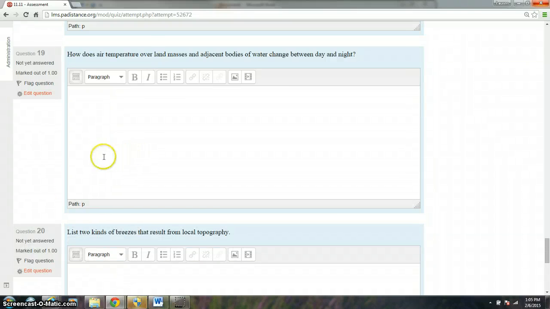Question 19. How does air temperature over land masses and adjacent bodies of water change between day and night?